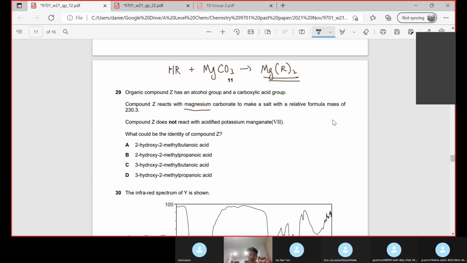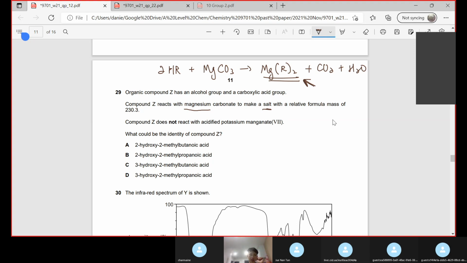This is the key point. The relative formula mass of the salt is in this form: 1 magnesium 2+ ion and 2 carboxylate ions.